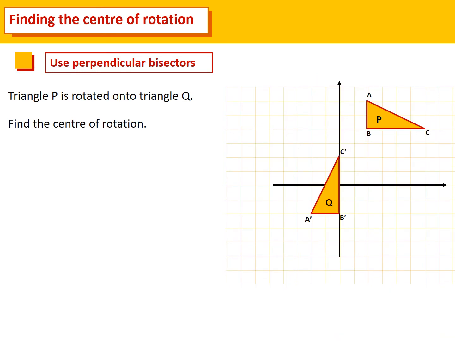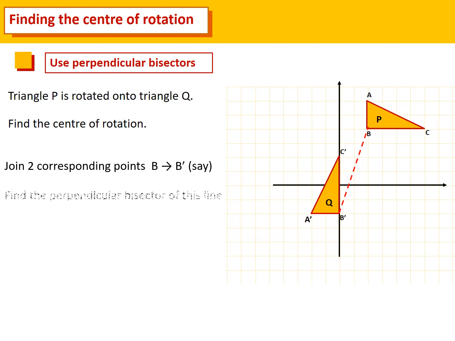Let's look again at example 2. First up, join two corresponding points. Again, I've chosen B to B dash. And again, we find the perpendicular bisector of this line. So that's at 90 degrees to that line and passing straight through the middle of it. And it would be that blue line there.